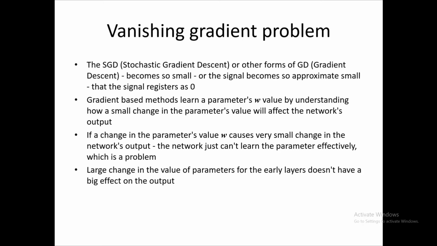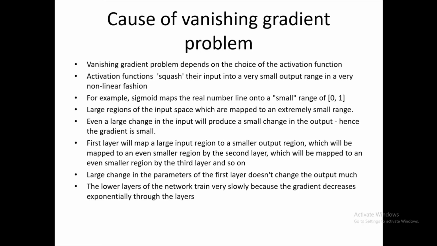A large change in the value of a parameter in early layers doesn't have a big effect on the output. The vanishing gradient problem depends on the choice of the activation function. Activation functions squash their input into a very small output range in a very nonlinear fashion.